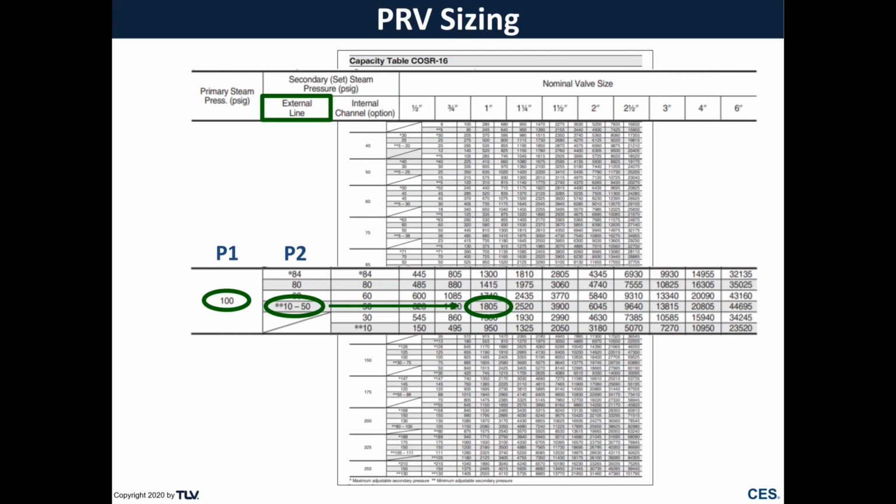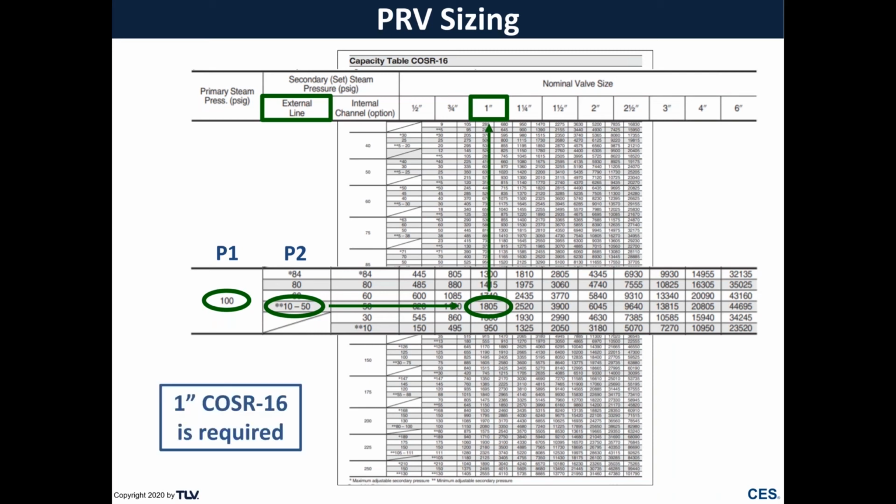The first value that meets our maximum steam flow rate is 1,805 pounds an hour. To find the valve size that provides this capacity, we simply read vertically up the column to find the PRV size at the top, which is the 1-inch size. Therefore, a 1-inch COSR16 is the model and size required.